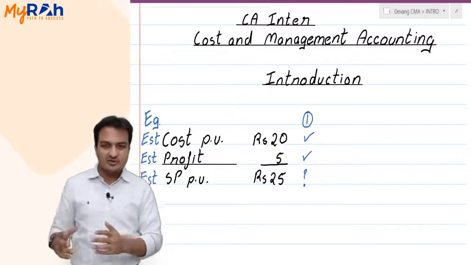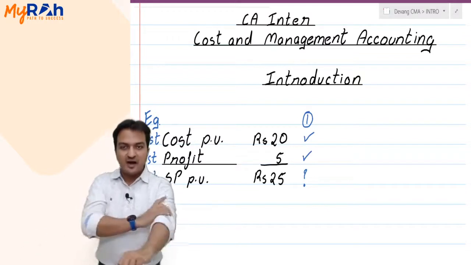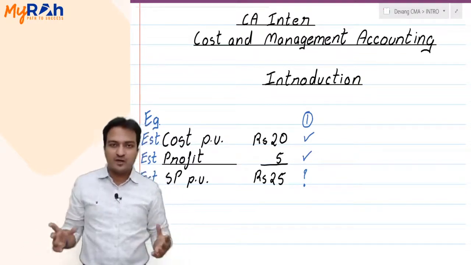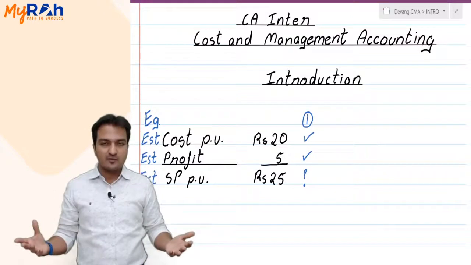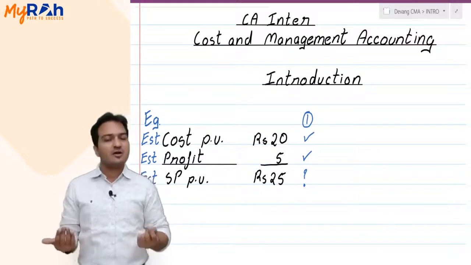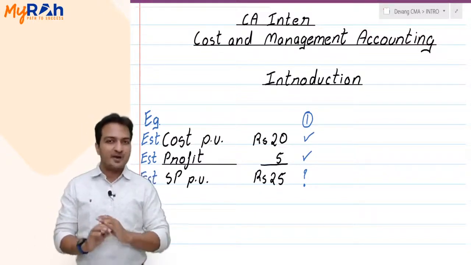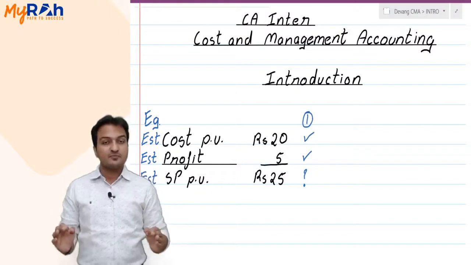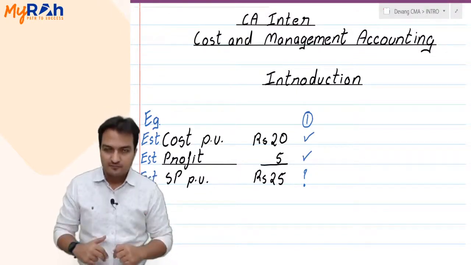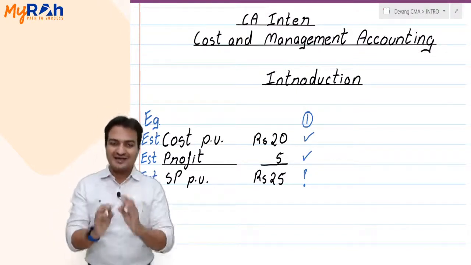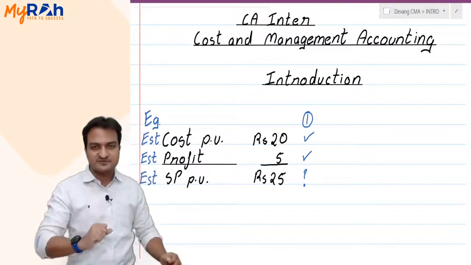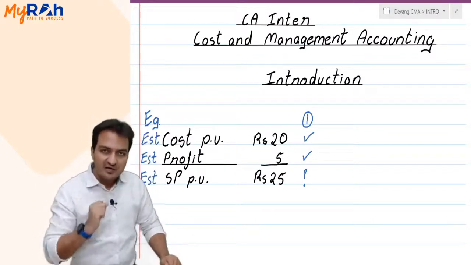Isn't it possible that in some cases I do not have an option of asking whatever selling price I want? I am not a price maker. In some cases, I am a price taker. In some cases, I have to accept whatever is the market price. Tell me, in what case would that happen?